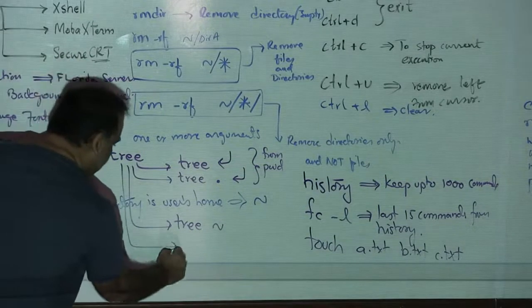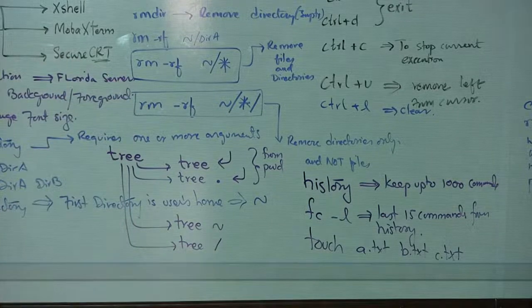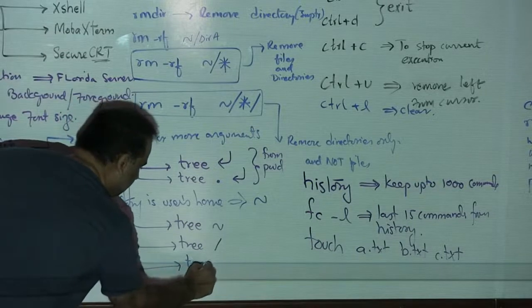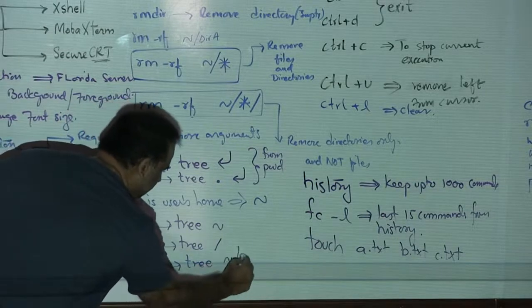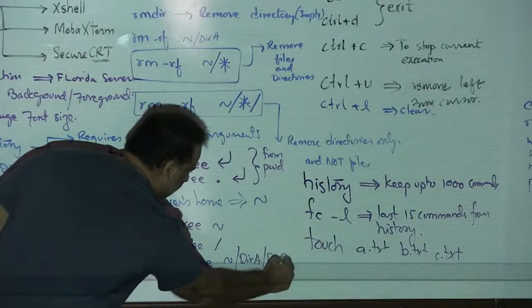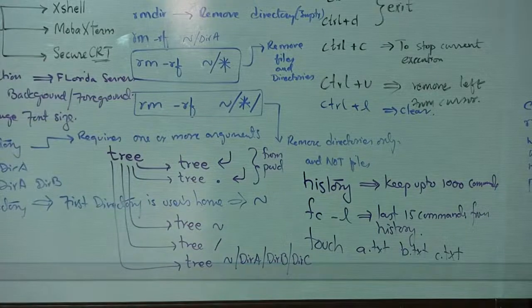You can also say tree /, from the topmost directory. You can also give it a full path. So show me the tree from my user. I have a directory called A, inside directory B, inside directory C. So it will start showing you the tree from that directory only.